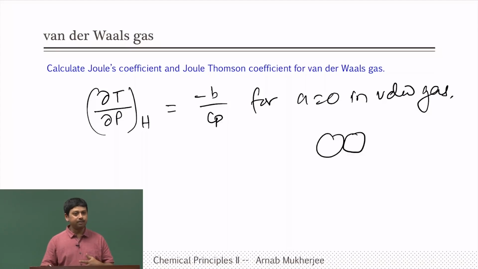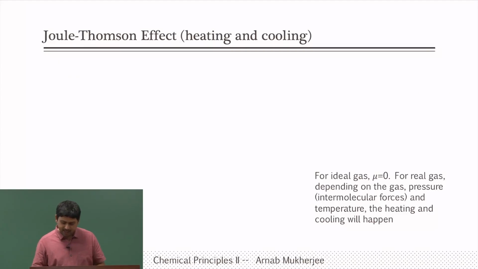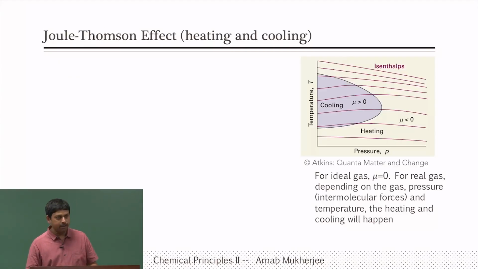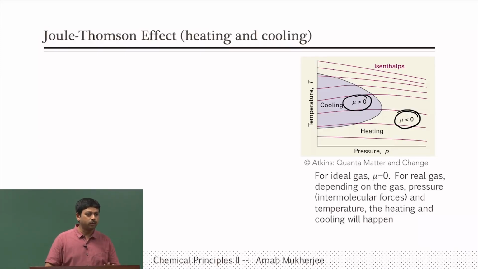But if you had an attractive term, for example, if you had that A term, you would see that it will actually cool down. And it is given by this kind of diagram, in which you can see that wherever there is mu less than 0, you are having heating instead of cooling, and wherever there is mu greater than 0, there is cooling. So for a real gas system, A is not 0, a real gas does have interaction.